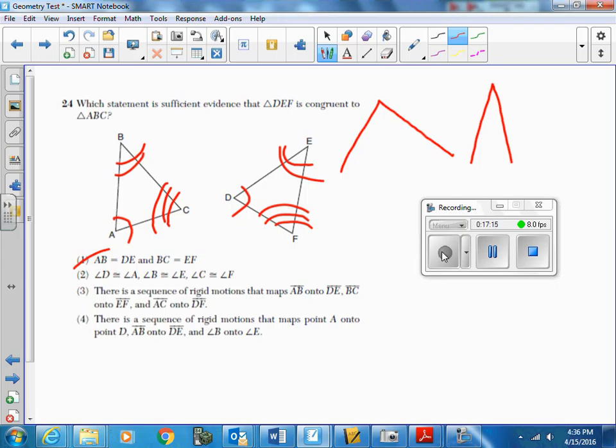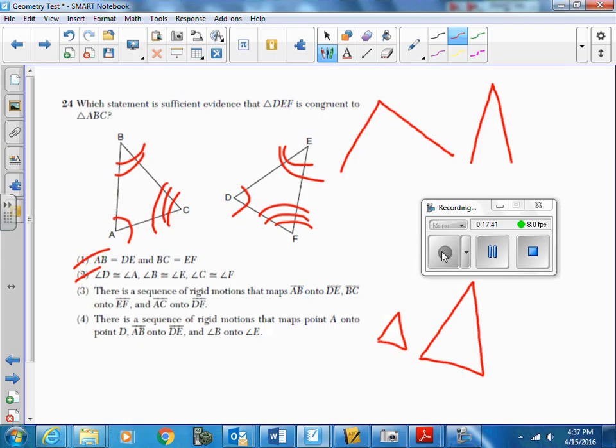Now, it does show that triangles are similar, but you can draw two triangles that have the same angles but are not congruent. And I'm not going to go into any big example, but I could draw this triangle and this triangle, and they could have the same angles but not be congruent. So just remember, angle, angle, angle does not prove two triangles congruent.